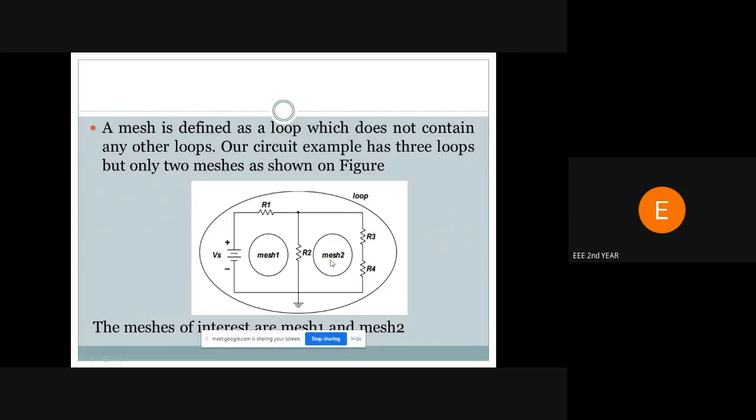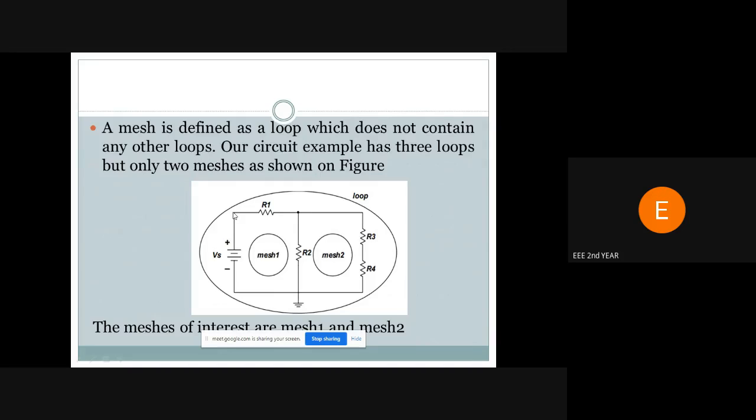But a mesh does not contain a loop. Another difference is, if a loop originates at a point A, which is the starting point, the current will terminate at that same point.